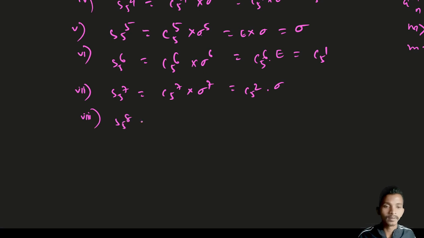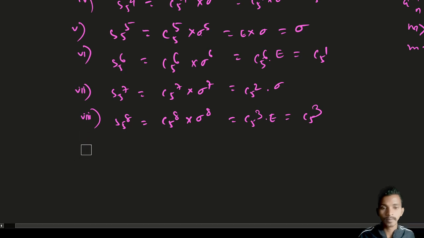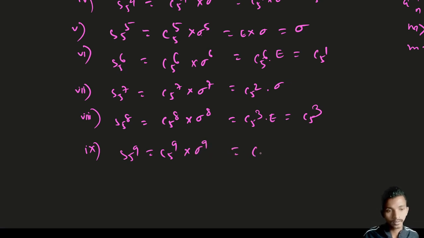S5^8, that is equal to C5^8 into σ^8, that is equal to E, that is C5^3. This is also not repeated. Again I have to proceed. C5^9 into σ^9, then this is C5^4 into σ.